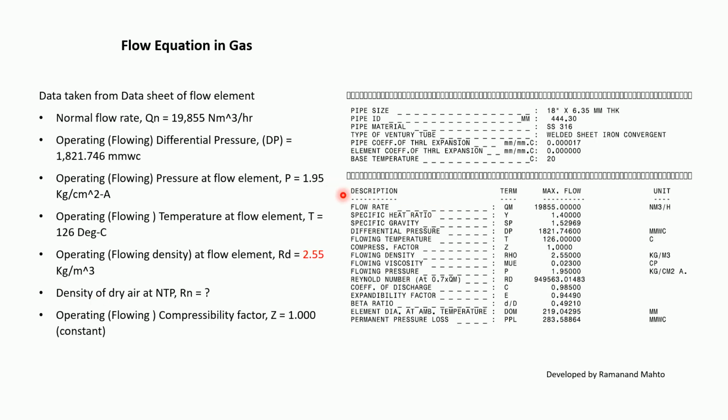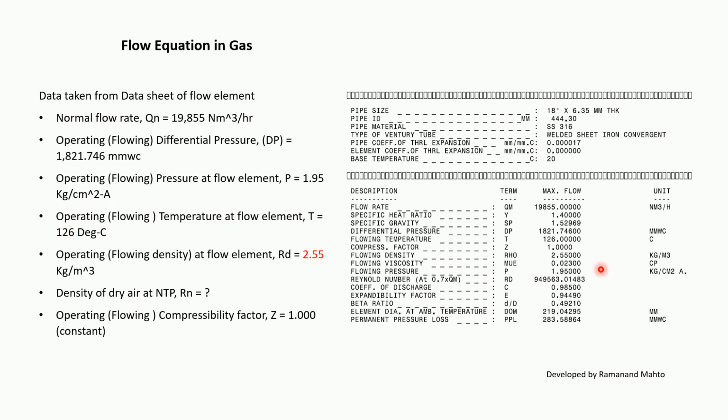This is an example. We have a data sheet for a Venturi for air application. The data taken from the data sheet: normal volumetric flow rate is 19,855, it is written 19,855. Operating differential pressure dP is written 1821.746. Operating pressure is 1.95 kg per cm² absolute.